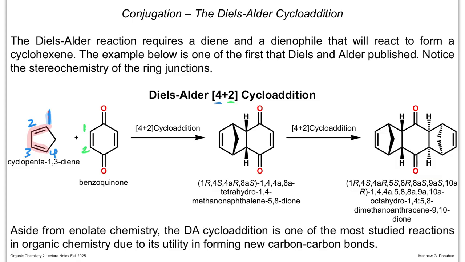So of the blue numbers, the 1 and the 4, that's where we're forming the new bonds. That's the 1,4 addition. So let me plug those numbers back into the product. So here was 1 and 2 there. There was the 1, 2, 3, 4. That's how that maps on.